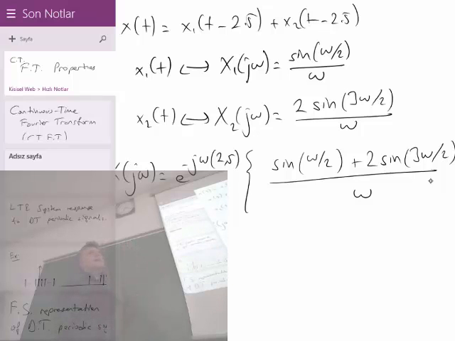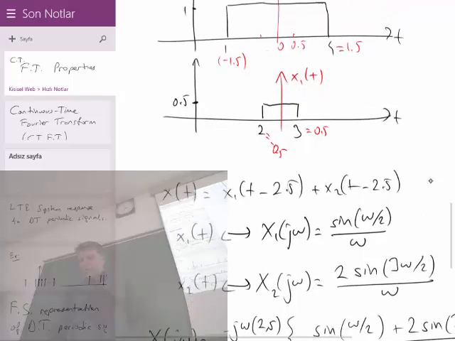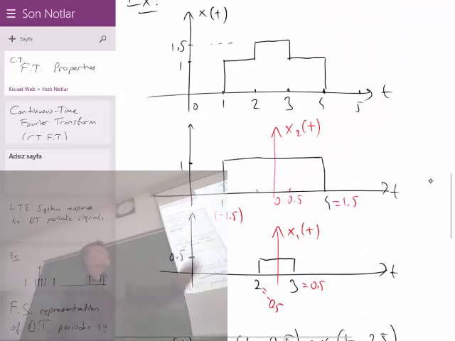This, I say, is the Fourier transform of the very top shape here at the top. It may be simplified a bit further, I don't know, and I don't care. I'm just trying to illustrate how to attack such problems. You just need to express your signal in terms of shifts and combinations of some known signals. And the known signal for our case is a rectangular shape in the center, because you know the Fourier transform of that.